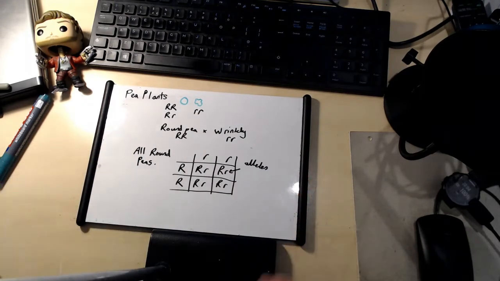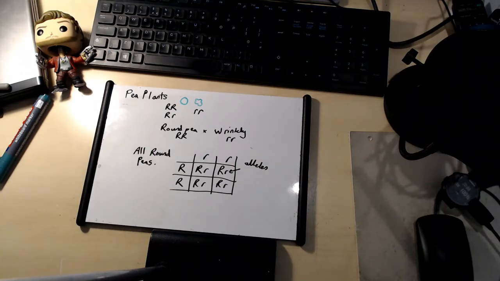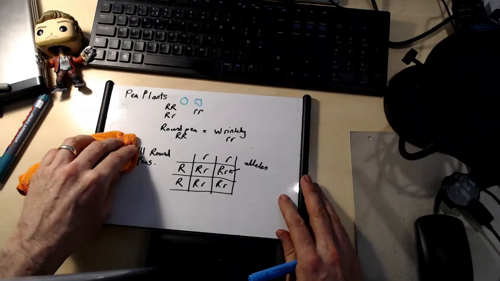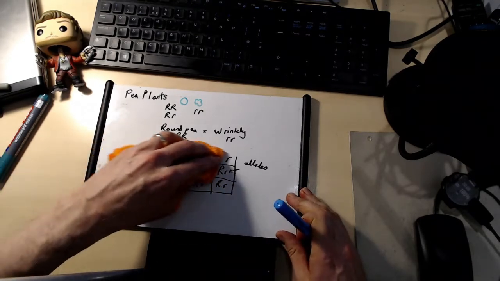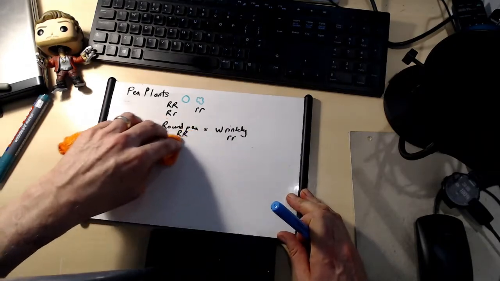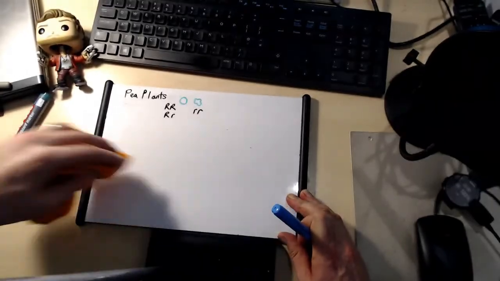So let's have a look at a different one, so different ratios. Let's imagine we take those offspring.